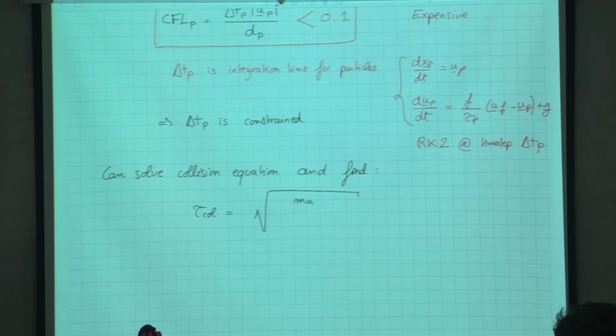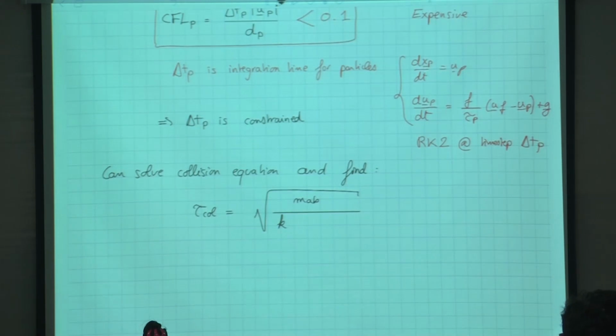So m_AB over K, the spring stiffness, times pi squared plus log of e squared. What does it mean?